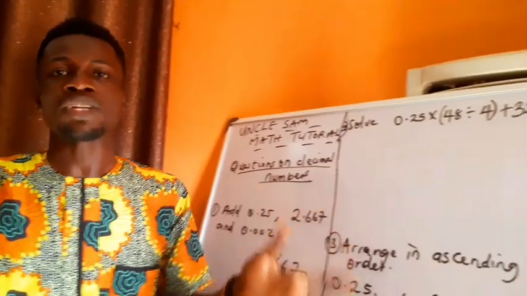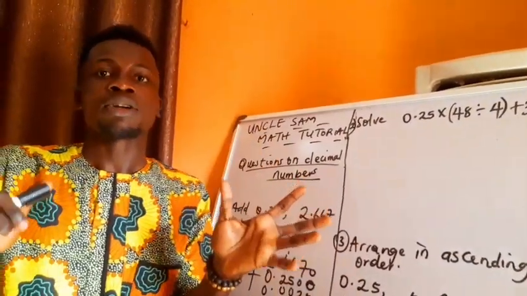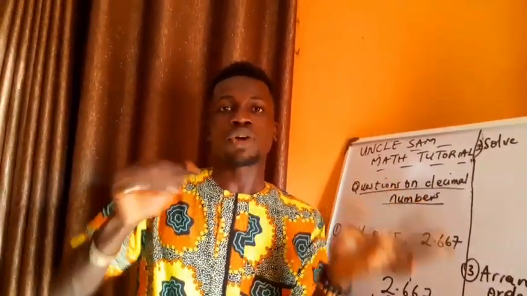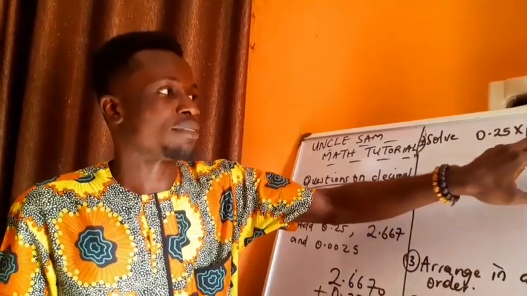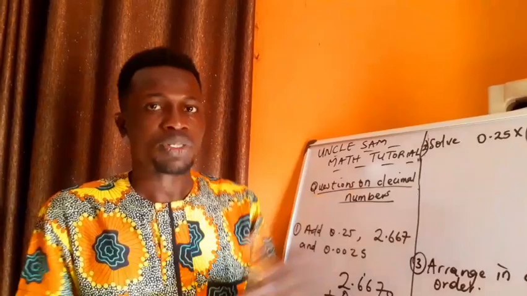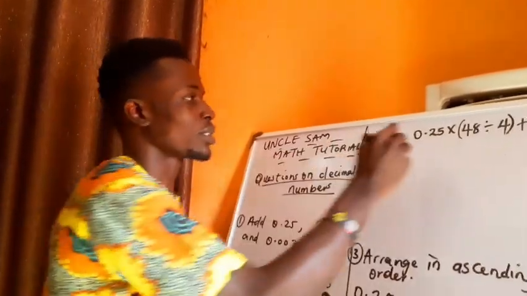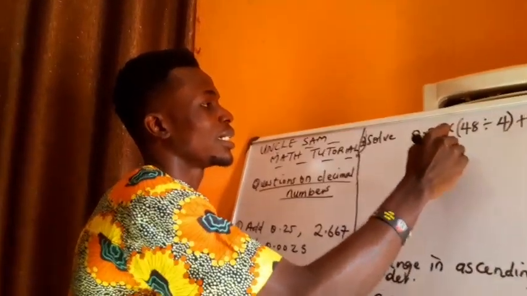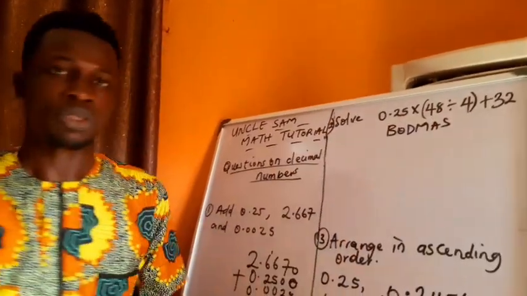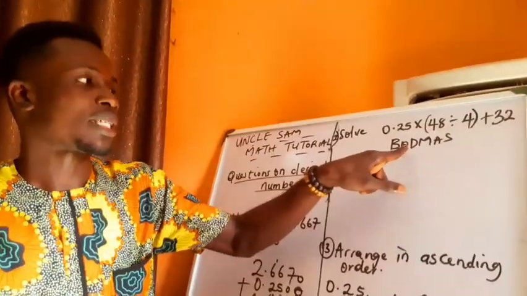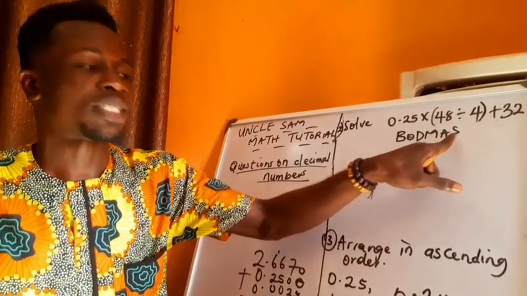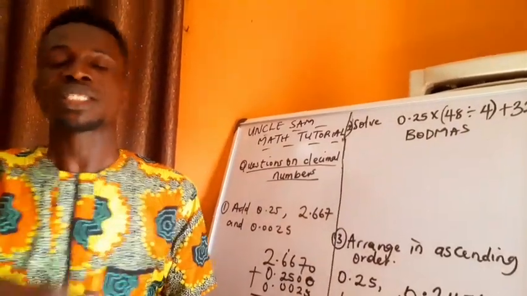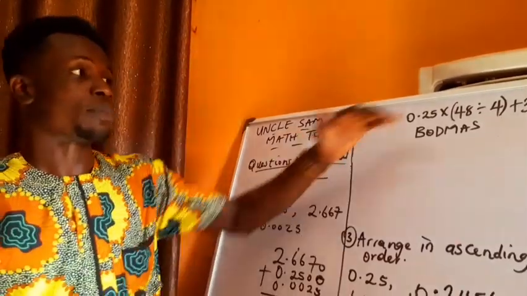Here you have multiplication, you have bracket, you have division, you have addition. So we are going to use a process called BODMAS. B stands for bracket, O is of or times, D is division, then multiplication, addition, and subtraction.